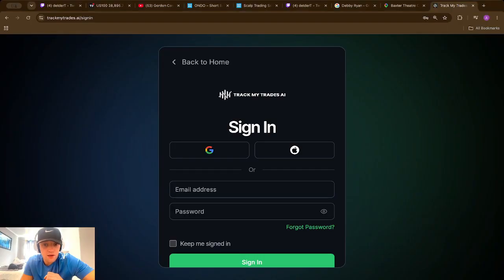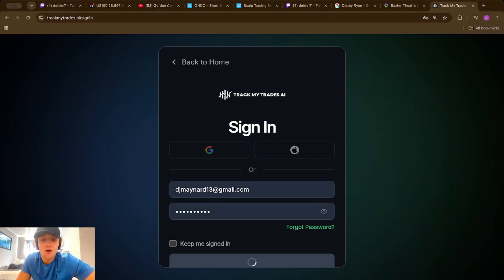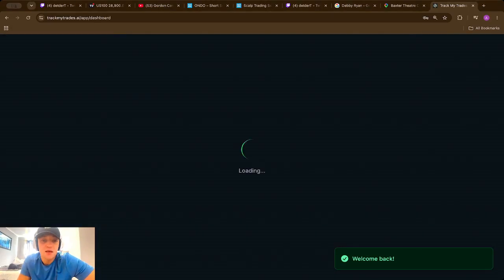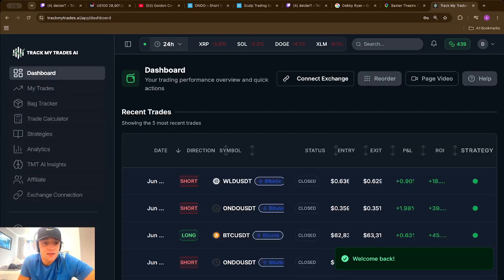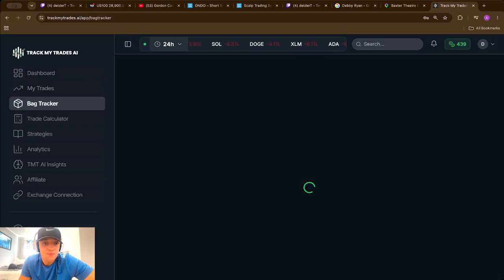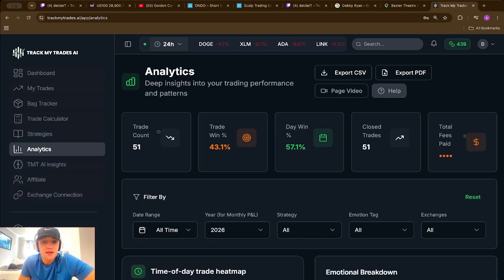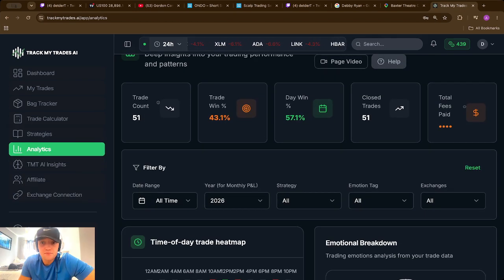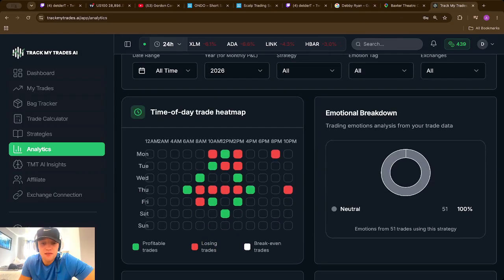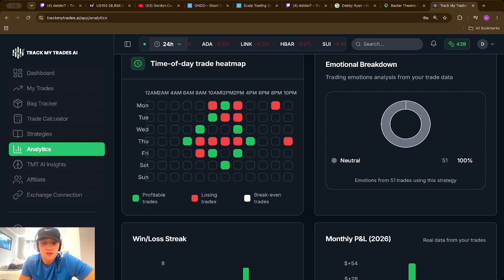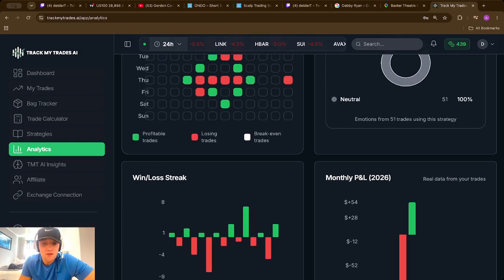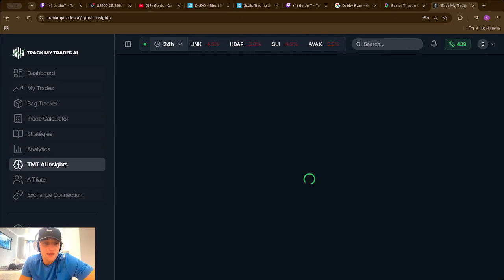So let me just log in. But everything is on TMT, guys. Every single thing. So you can see the dashboard, my trades, bag tracker, and the strategies, analytics. Everything is on here, right? So the thing with TMT is it shows you if your strategy is working, what's not working, everything like that. So you must check it out.